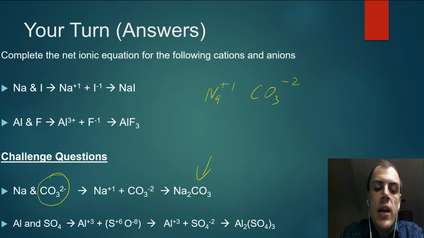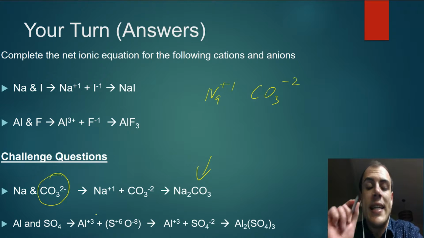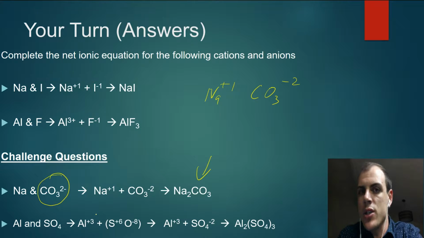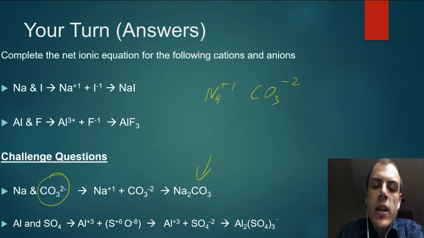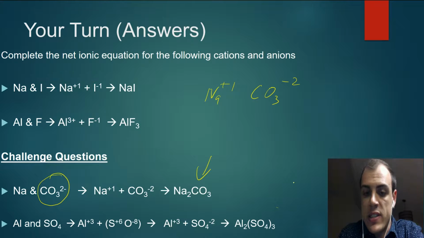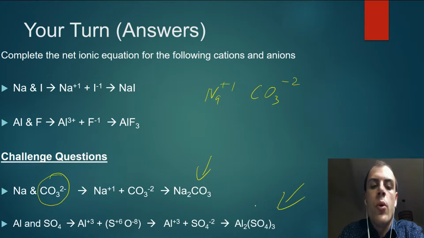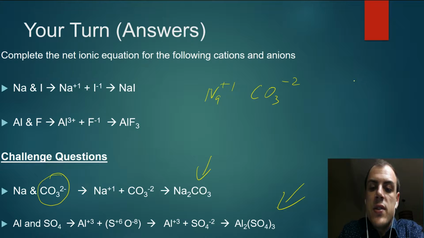The next one here was a little bit more tricky. And you have to break this one up because I didn't give you the charge. Okay, so this one is very unlikely for you to receive in your exam. So, out of interest, how we calculate this sulfate is we look at our oxygen and we calculate the overall charge.